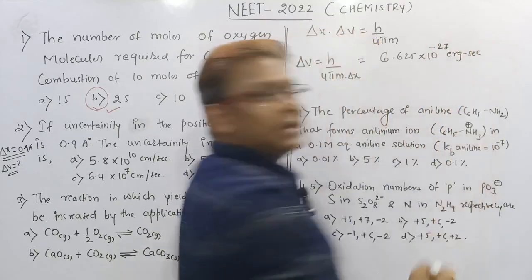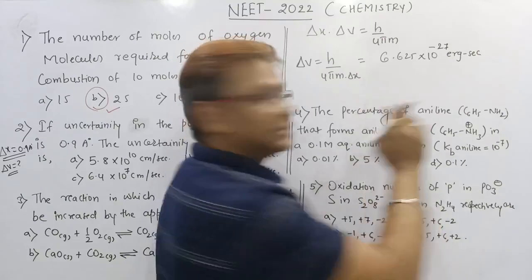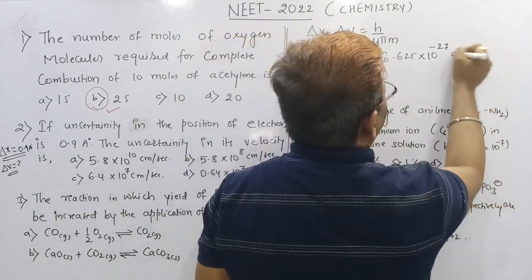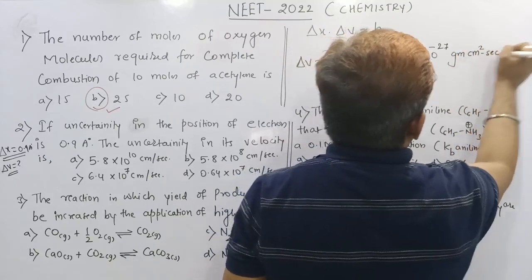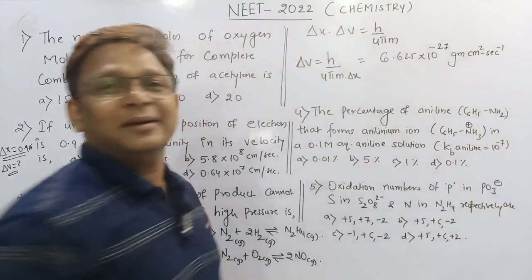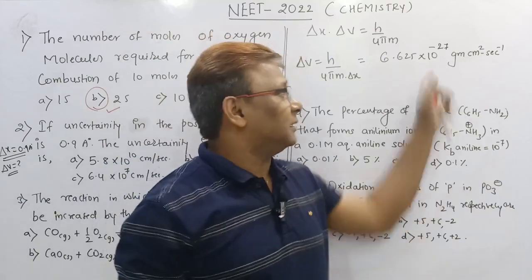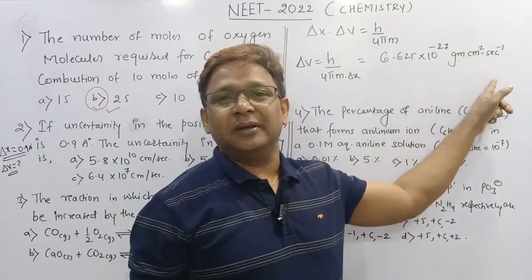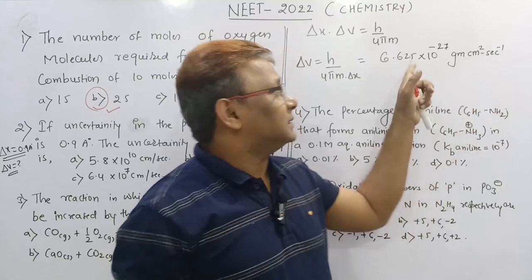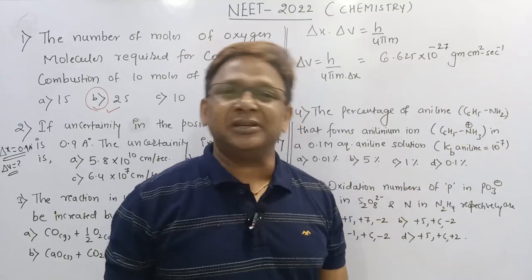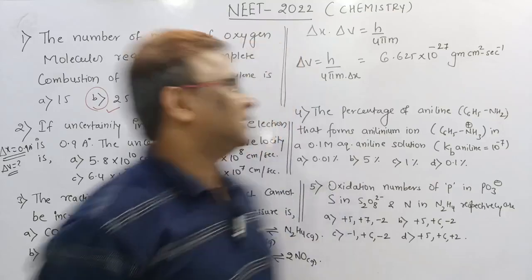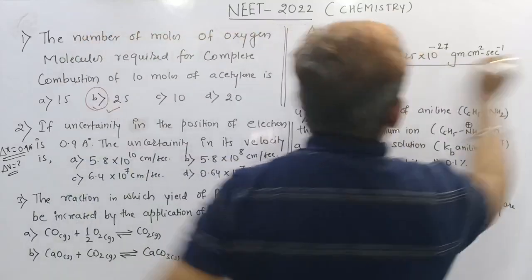Erg second can be written as gram centimeter square per second. And 10 to the power of minus 34 joule second can be written as kg meter square per second.